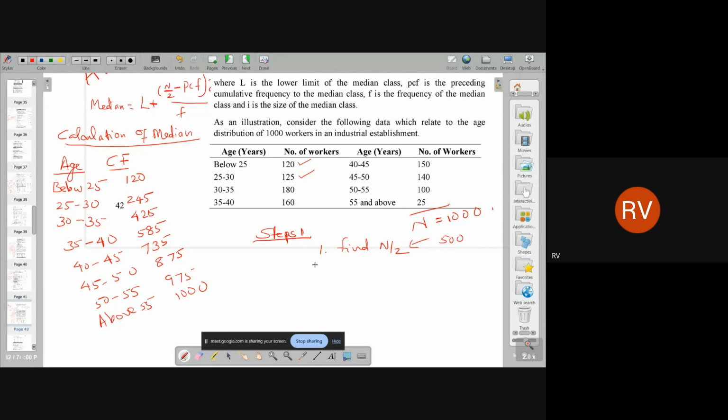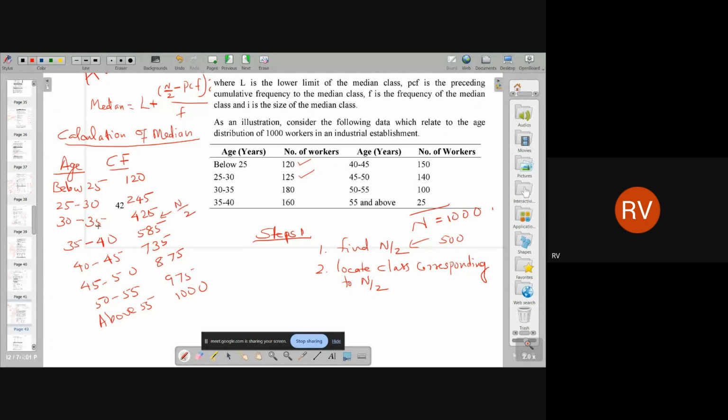Locate the class corresponding to this n by 2. N by 2 is 500.